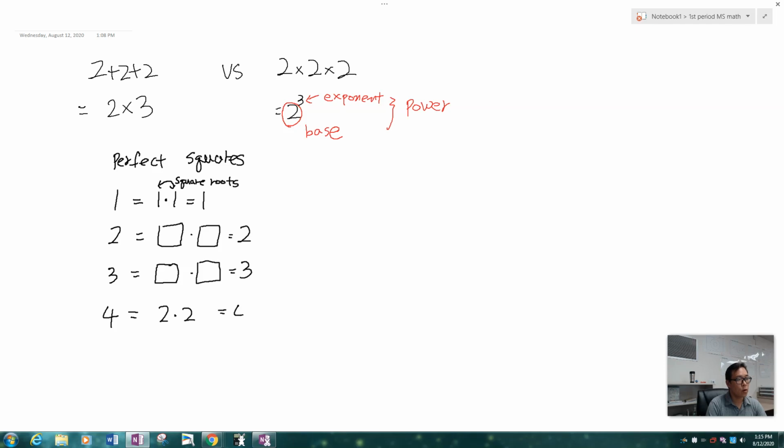Therefore, 4 is said to be a perfect square, because we have two square roots, and the square roots happen to be whole numbers or integers.